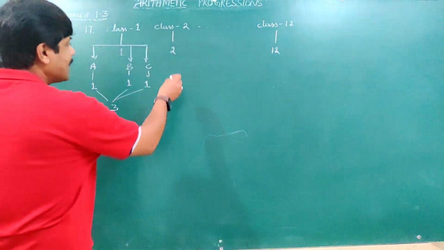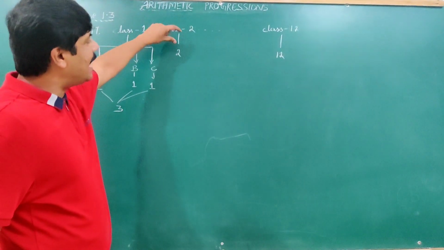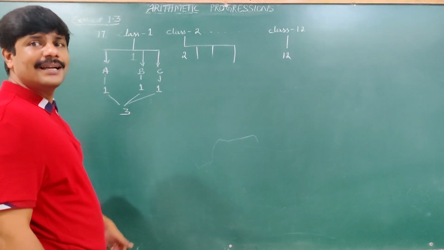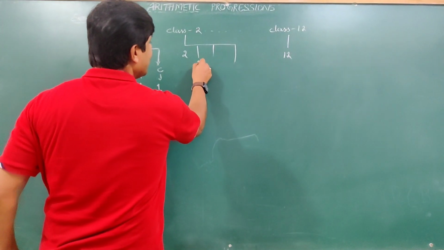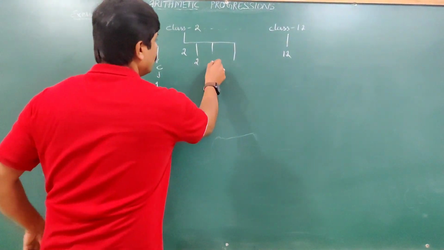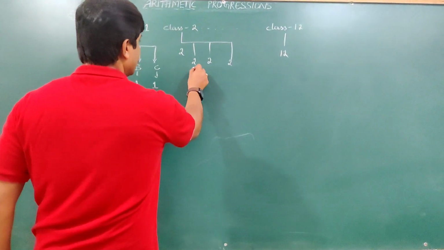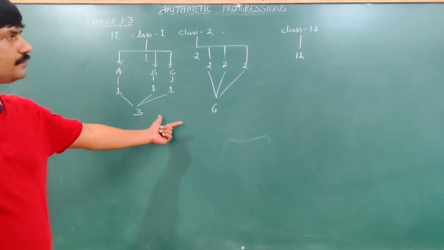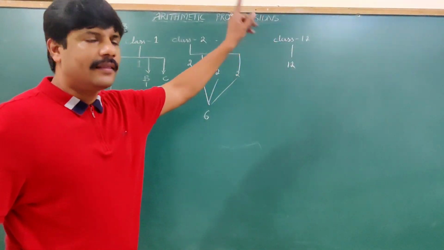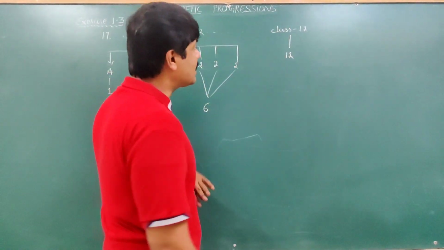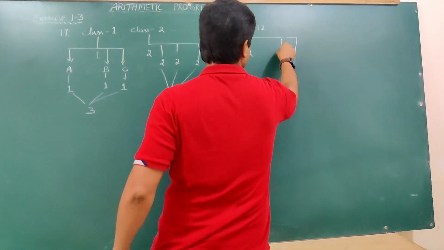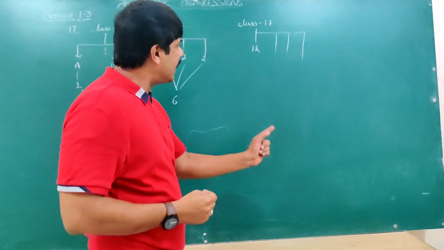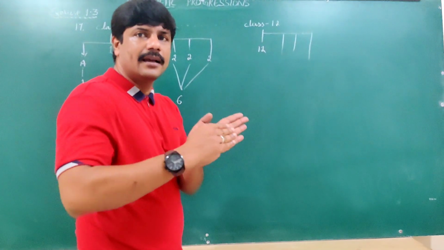Now class 2. They have to plant 2 trees, but how many sections are there? Class 2 also has 3 sections. Therefore, each section will plant 2 trees. Thus, in total 6 trees. In this way, class 12 has to plant 12 trees, but there are 3 sections. Each class has 3 sections. Therefore, the numbers are increasing in multiples of 3.